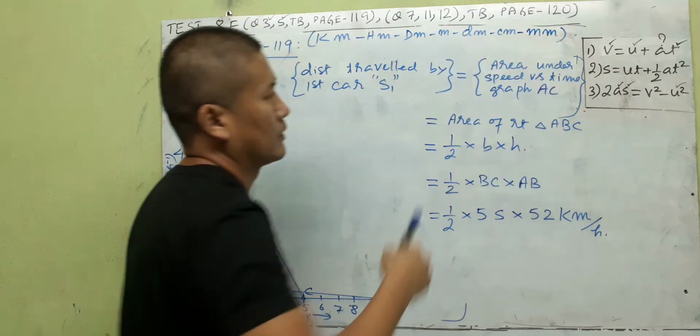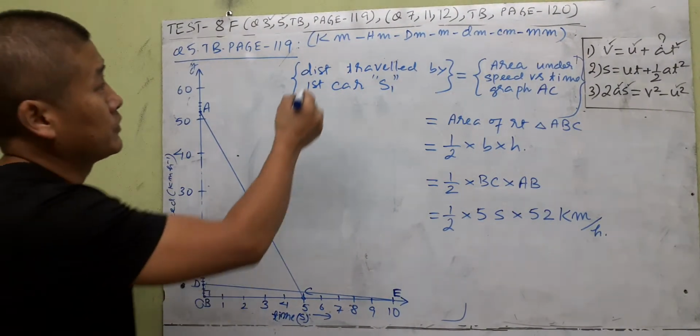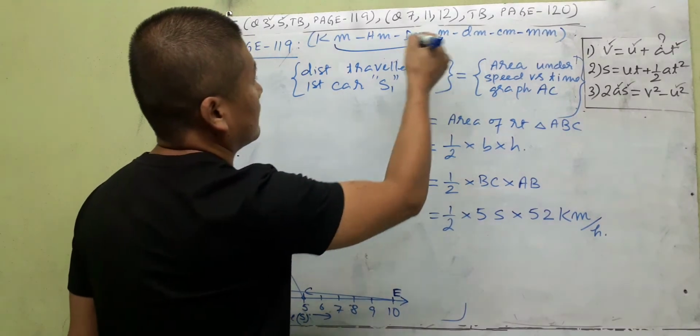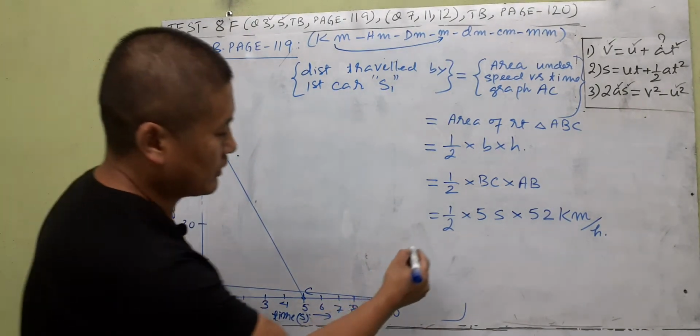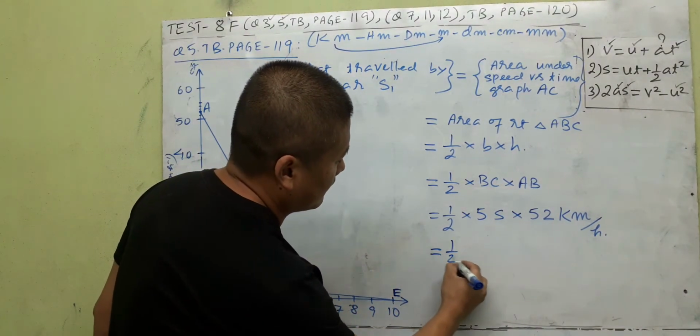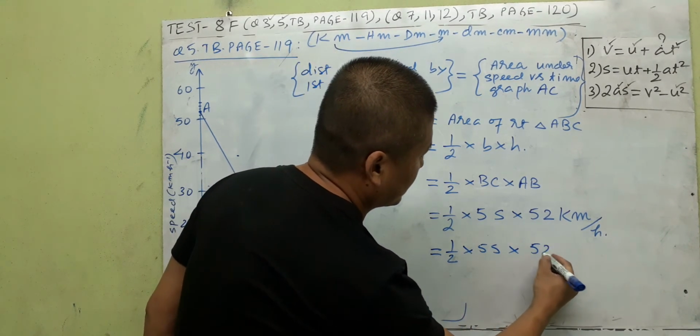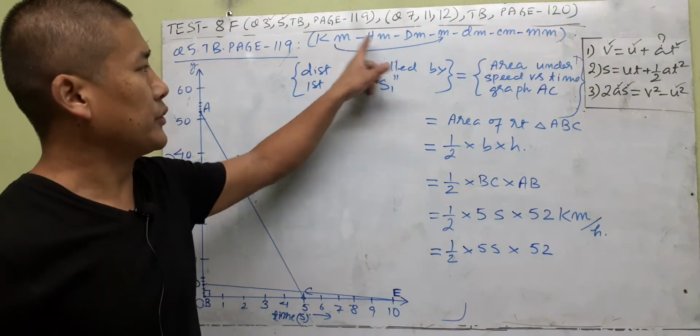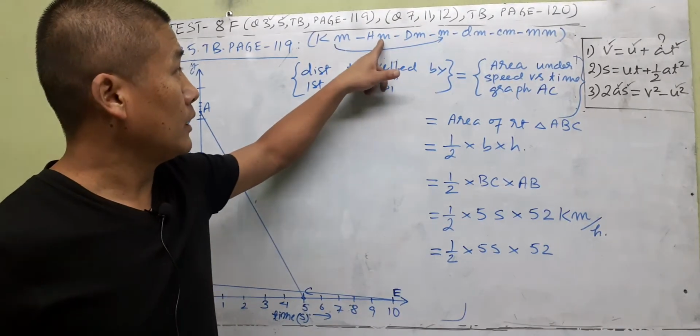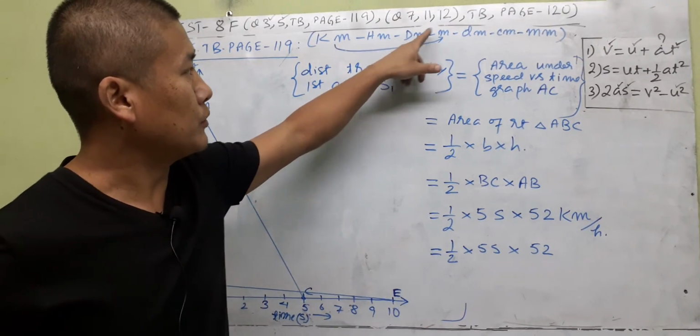We know this one. So we are going to have to change the kilometer to meter, right? So this one is okay, so we just write it half into 5 seconds into 5 to, changing from kilometer to meter means big to small, so counting from second place, 1, 2, 3.